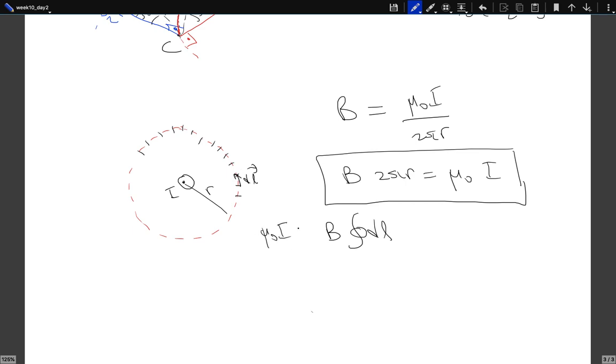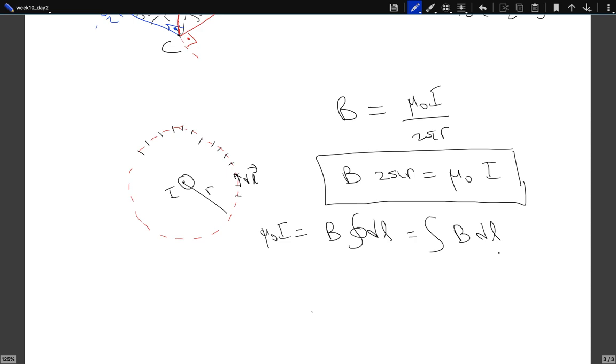So mu0 times I is equal to B times the integral of the length of these segments, or the sum of the length of those segments. Well, let me take one more step. B times dl. B is constant. The magnitude of B is the same around my circle. So I can just move that B into the integral.